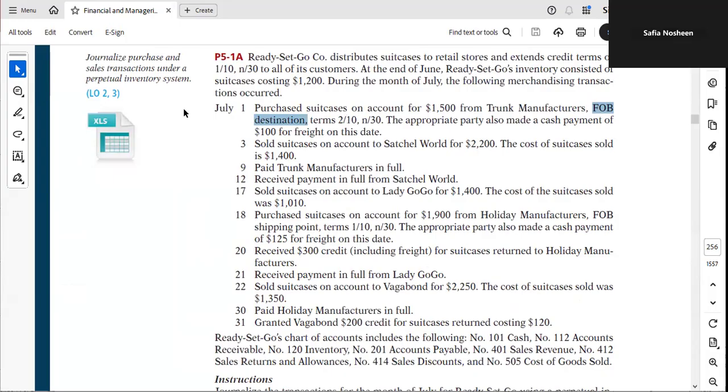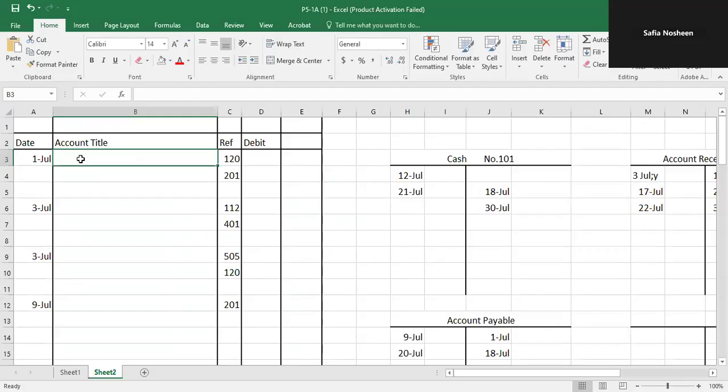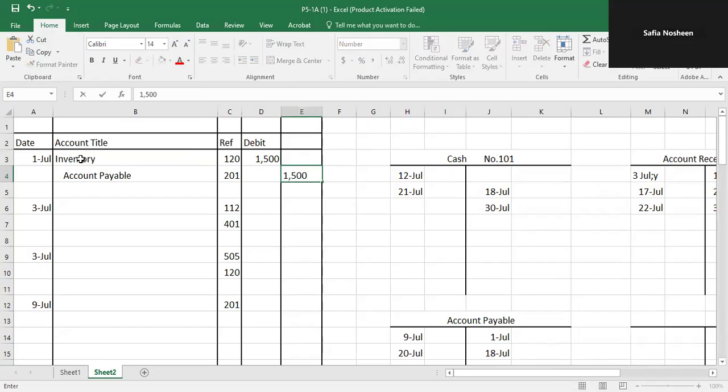So let's do the transaction in the journal. Our debit and credit rules will be the same. Inventory is going to increase, as we are buying assets, so the inventory account will be debited by 1,500. And as we are going to make payment later in the future, accounts payable will be increased, and that is recorded on the credit side.